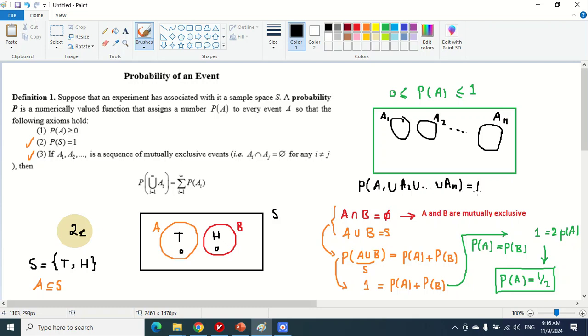It's equal to the probability of A1 plus the probability of A2 plus the probability of A3, going forward up to the probability of AN. And this is the meaning of the first axiom of probability.